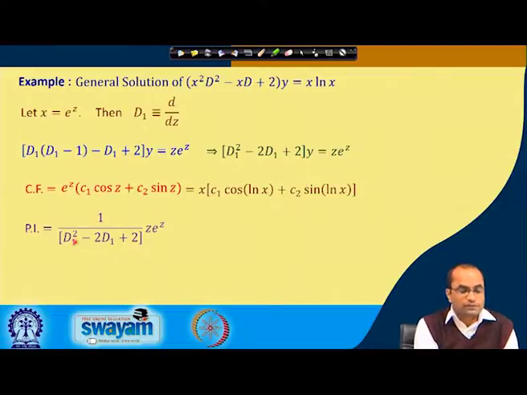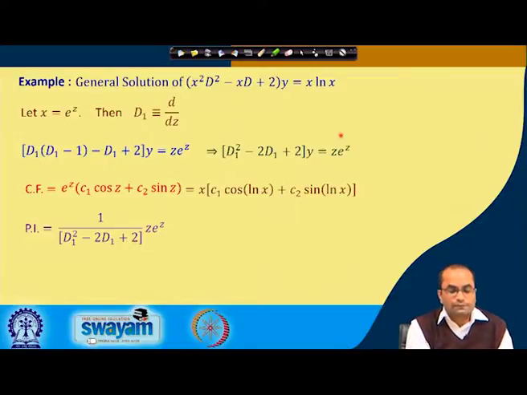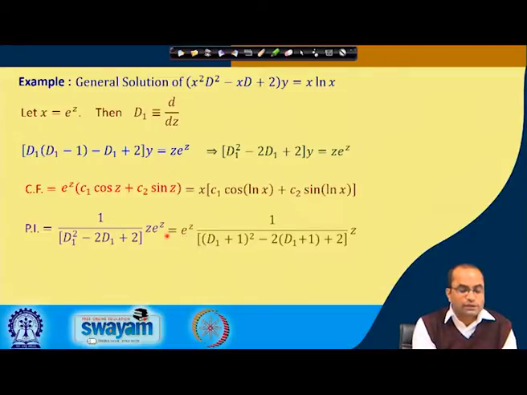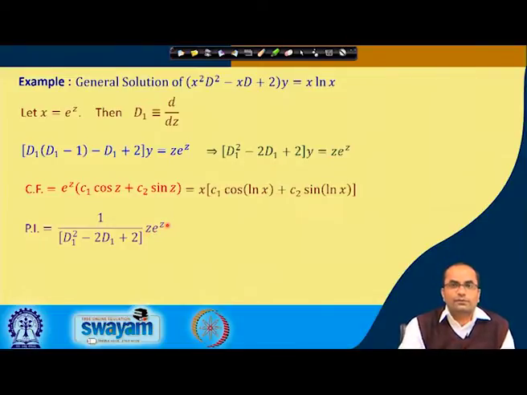1 over D₁² − 2D₁ + 2. This particular integral on z e^z will take us to this result here, because for z e^z, the formula which we have already discussed in the previous lecture, is e^z into some function of z.